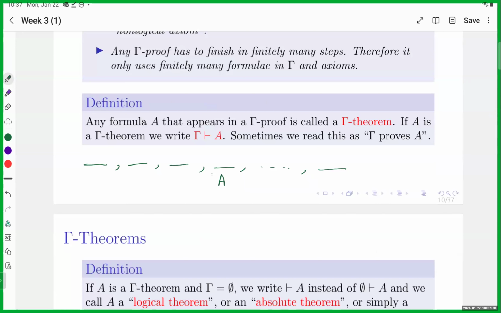So if there's a formula B here, I call B a gamma theorem. That means B is proved using the hypotheses from gamma. And there's a notation for it. If A is a gamma theorem, meaning it appears in a gamma proof, we denote it by this, and we read this as gamma proves A.